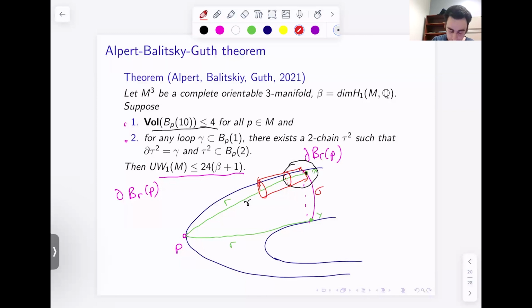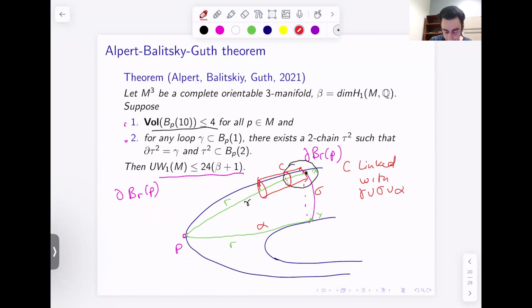But also this curve, let's call it C, is linked with the union of gamma, sigma, and let me call this one alpha. So we have C linked with gamma union sigma union alpha.